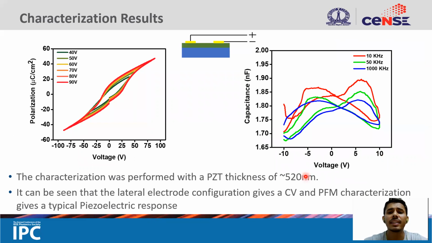From this, we can see that the PE loop and CV loop give us a very characteristic peak splitting that is observed in the case of a piezo material, with a PZT thickness of 520 nanometers. So with this characterization, we know that our PZT actually works as an active material.